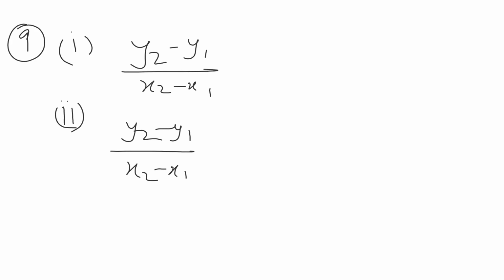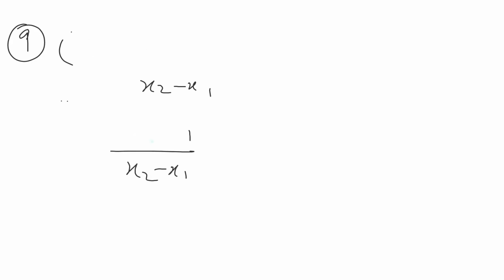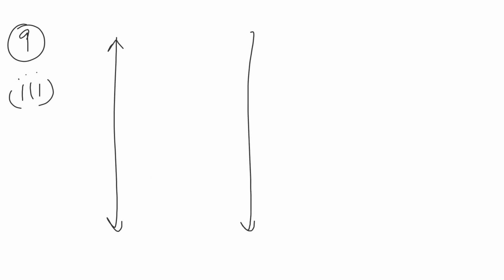Third problem for question number 9, we have to find the slope of a line. Our line is parallel to some other line. L is the line whose slope we require, and it is parallel to another line on which there are 2 points, minus 1 comma 5 and minus 6 comma minus 7.